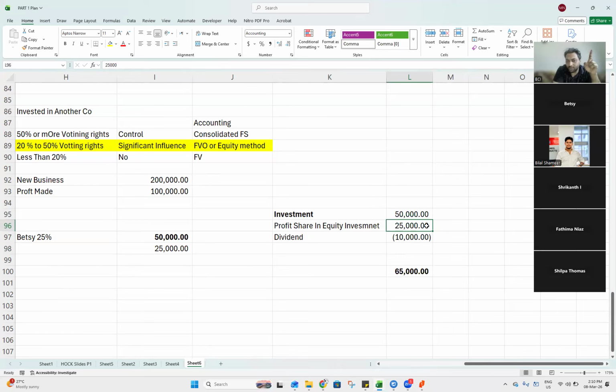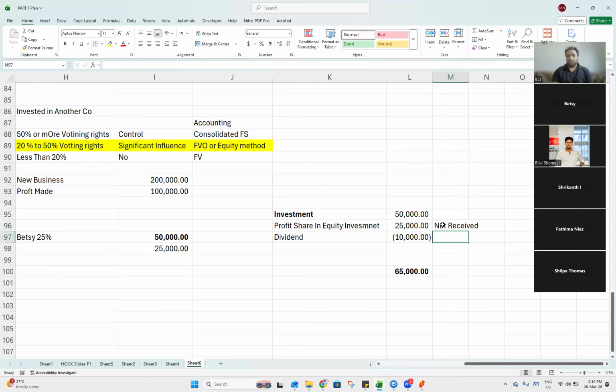In the equity method, we assume that if the invested company makes 100,000 profit, I should get 25,000 as profit because I invested 25%. So that I already included in my P&L, which is not actually received.